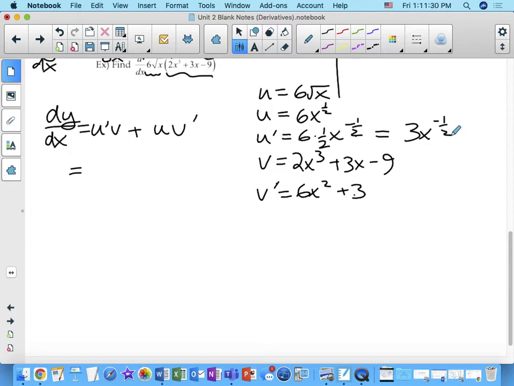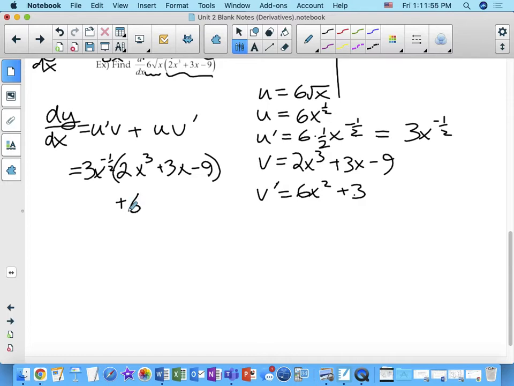So this is going to become 3x to the negative 1/2 times v, which is 2x cubed plus 3x minus 9, plus u, again I'm going to use this version of 6x to the 1/2 because I've got to multiply it by v prime. So I'm going to be doing distribution there.